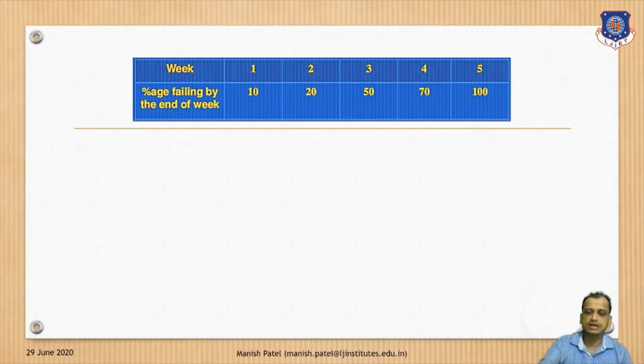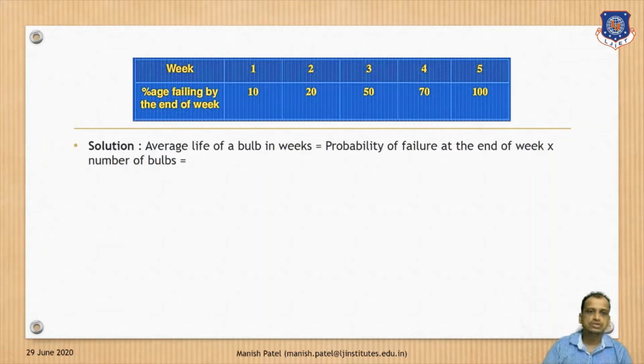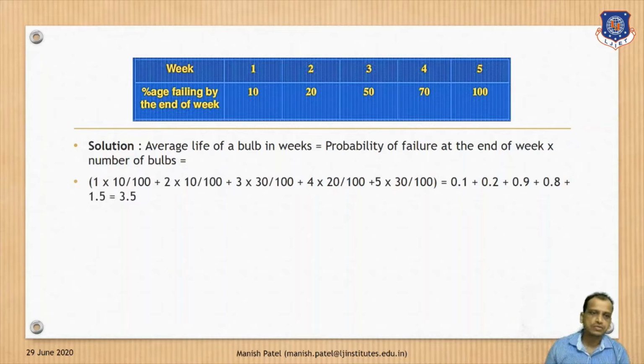So this is the data given here, right? Let's start with the solution. What is the average life of a bulb in weeks? It is the probability of failure at the end of the week times the week number. So we will do 10 upon 100, the first week probability, plus 2 into 10 upon 100, plus 3 into 30.